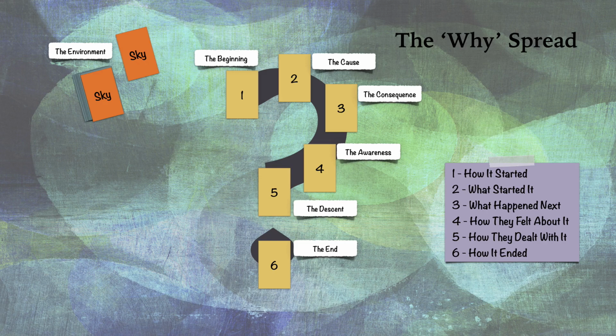How did they live with it? How do they find a way to live with themselves after they did what they did? And then finally, number 6 is the end, how it ended, right? So finally, what was the final point at which it all fell apart, or whatever the situation was, how it fell in your life.